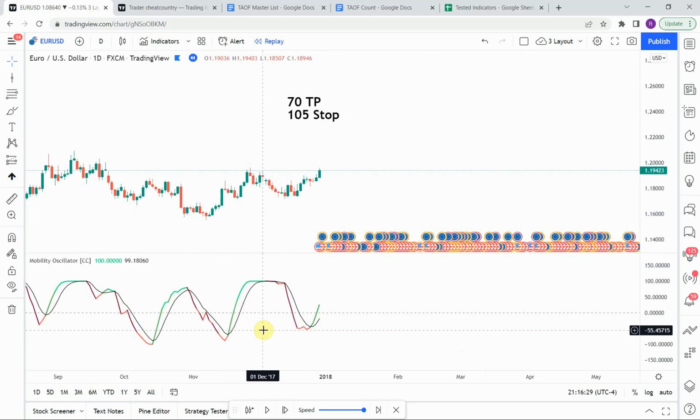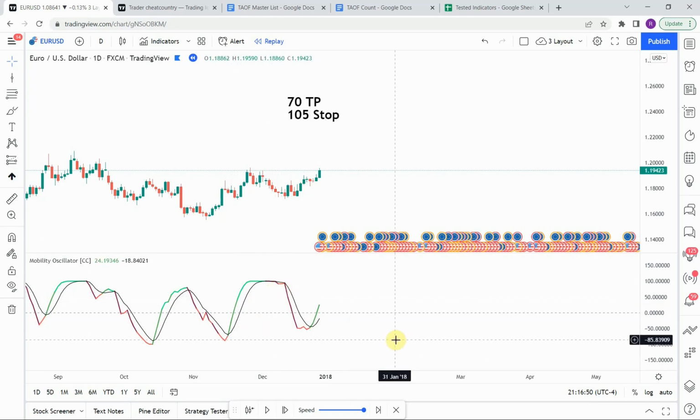And when the colored oscillating line breaks out above the signal line, then it turns green. When it breaks down below the signal line, then it turns a purplish maroon and red color.